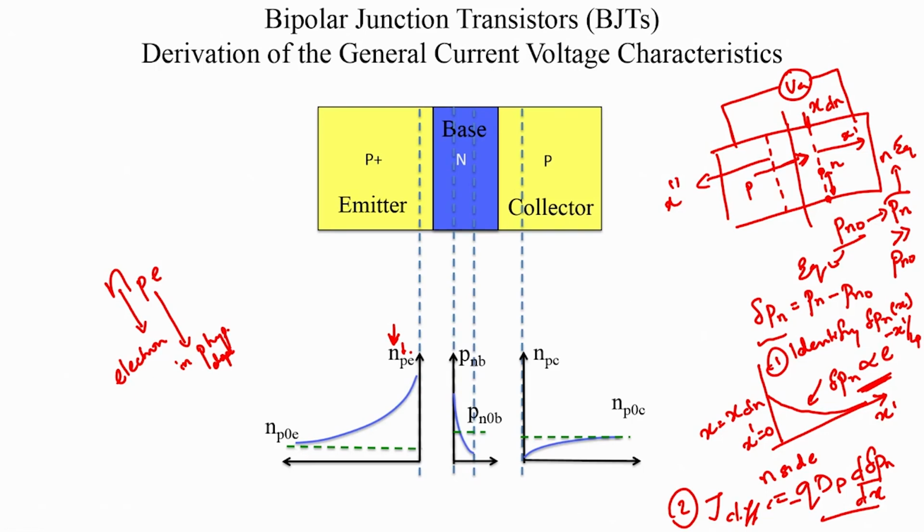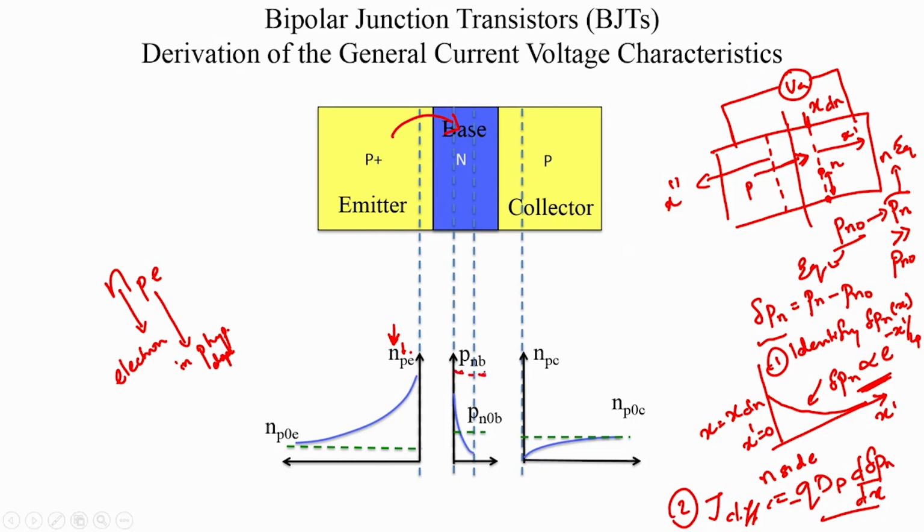And in the base, the minority carriers are the holes that have been injected from the emitter into the base due to the forward bias action, and they have got a concentration that looks like this because of the recombination, although little recombination in the base, and that is Pn in the base.